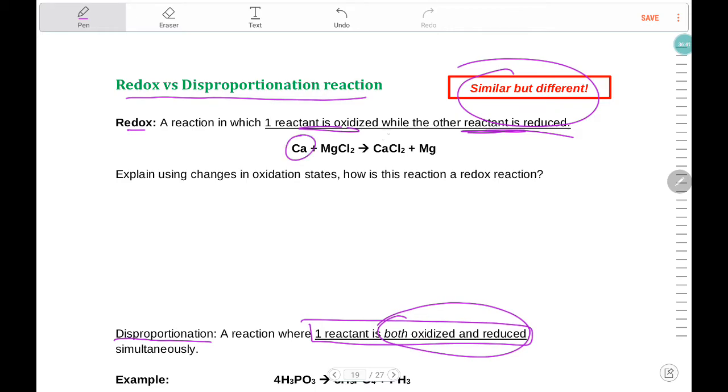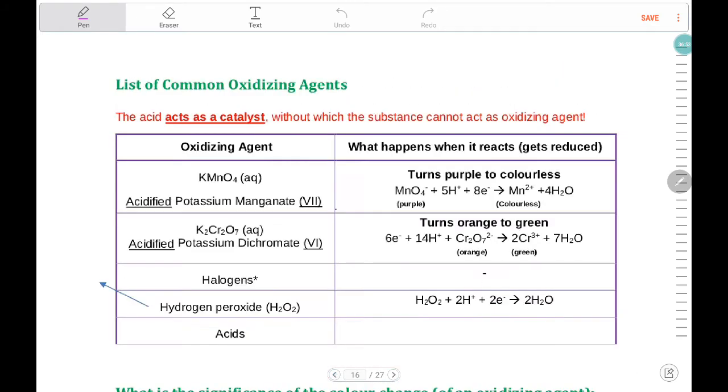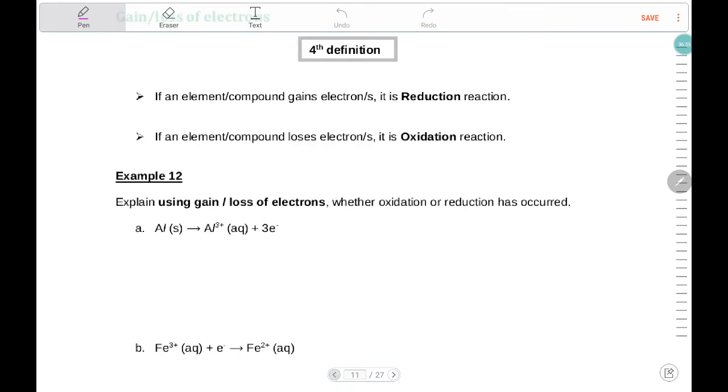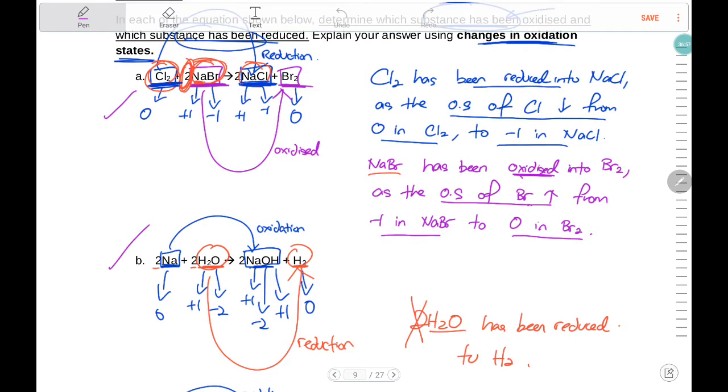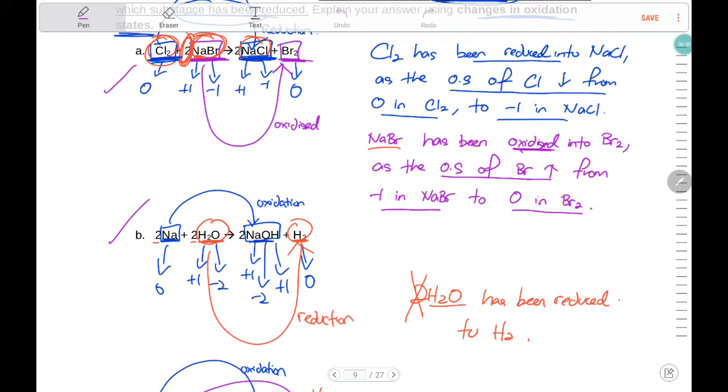Remember? Calcium oxidized, magnesium chloride, magnesium reduced. It's always a pair. So there's a difference between redox and disproportionation. They are similar but slightly different. We'll talk more about that next lesson, so don't worry about it.